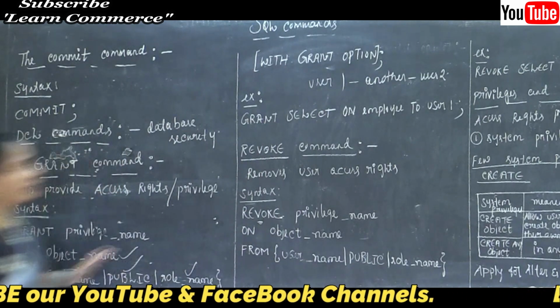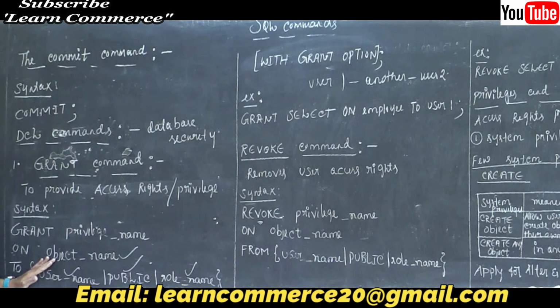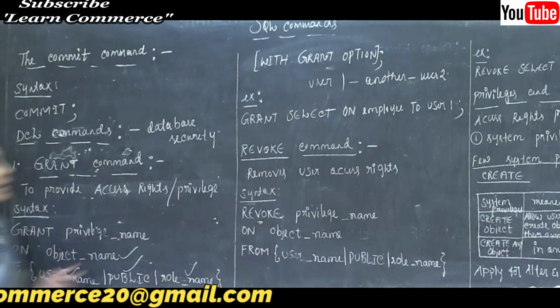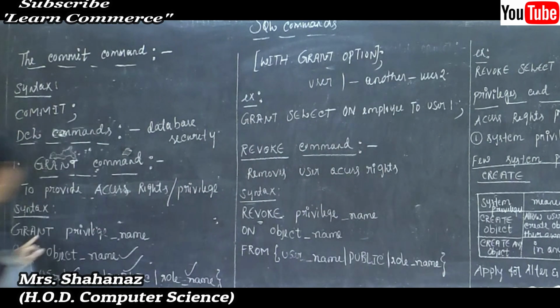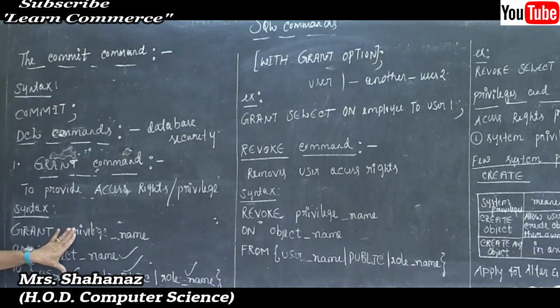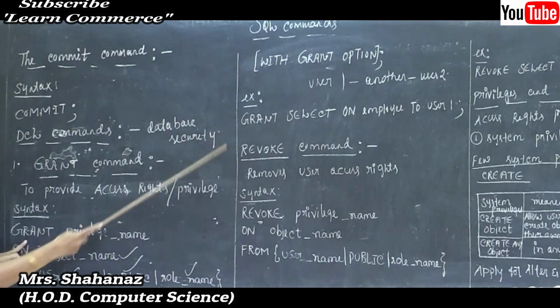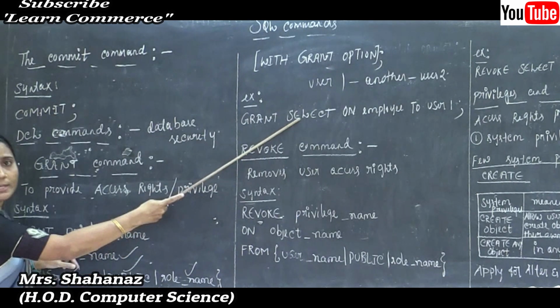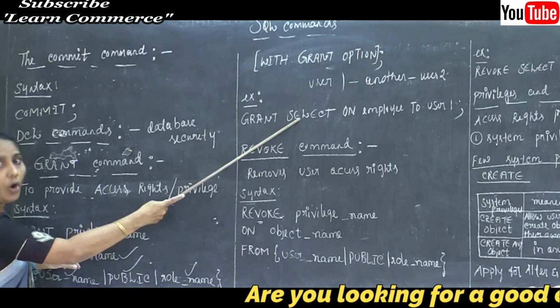Now after completing the syntax, let's use one example to explain our grant command. In our grant command I started from the grant. This is the example and that was the syntax. In the example I am also going to start with grant privilege_name. I already said some of the access rights or privileges granted to the user are select, all, execute.